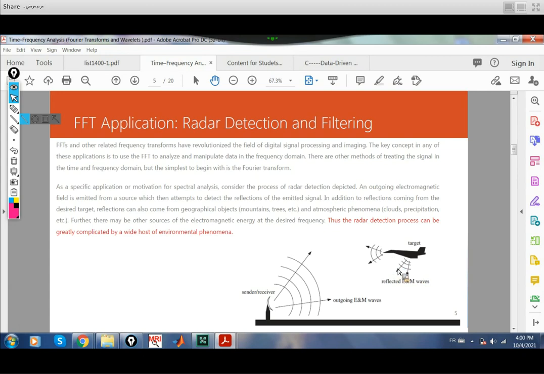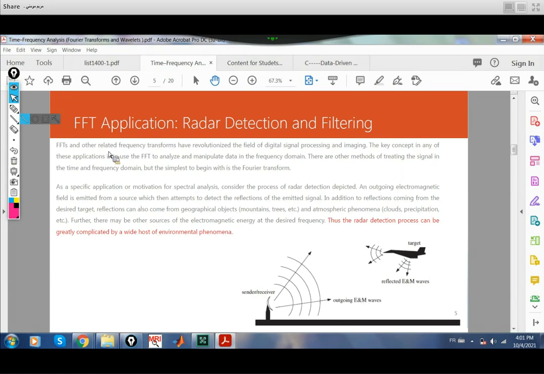Also, the target absorbs a small part of the waves, and from the reflection of this target and receiving it, this object can understand the place of this target, can track this target.